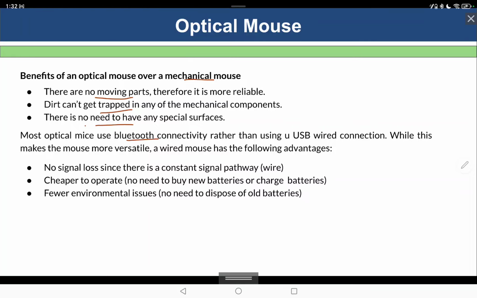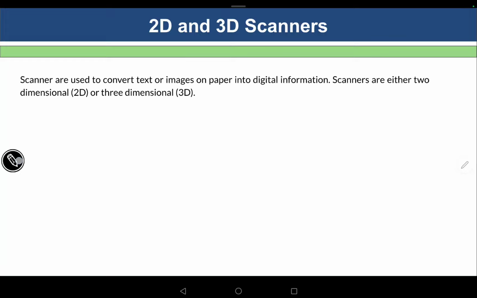Number one, no signal is lost since there's a constant signal pathway because it uses a wire, so there's not going to be any break in signal transmission. Also, it is cheaper to operate because there's no need to buy new batteries or to charge the batteries. And lastly, there are fewer environmental issues, meaning that there's no need to dispose of any old batteries.